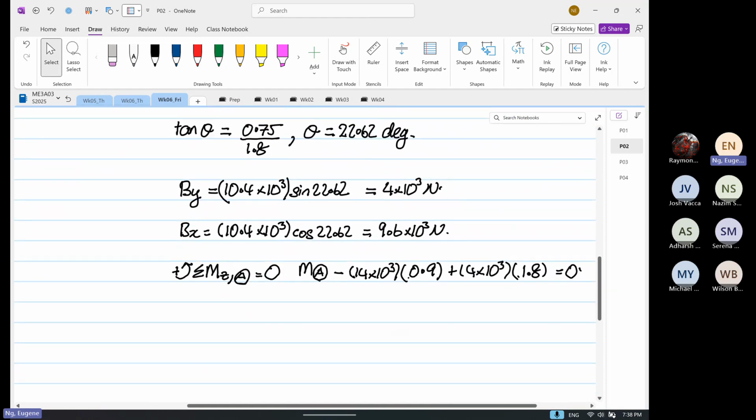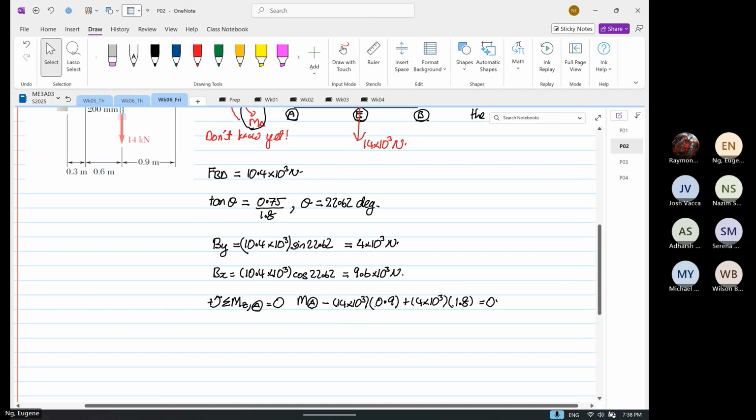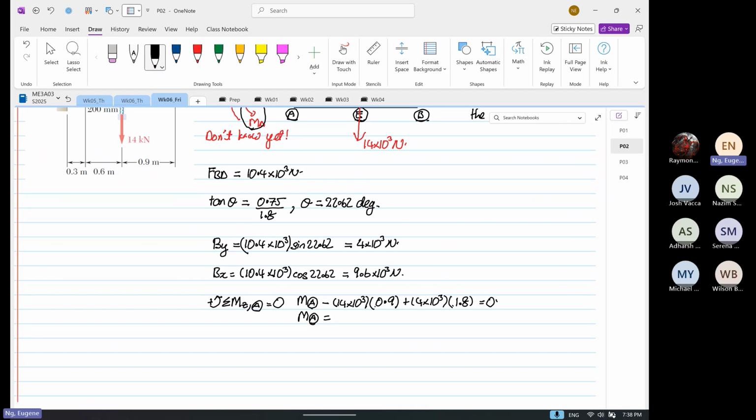Okay, so moment about point A will be equal to 14 times 10 to the power 3 times 0.9. So it's equal to 12.6 times 10 to the power 3 minus 7.2.